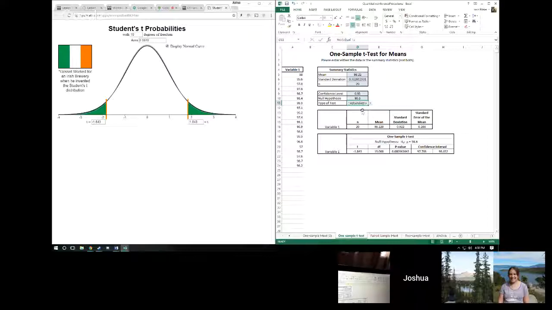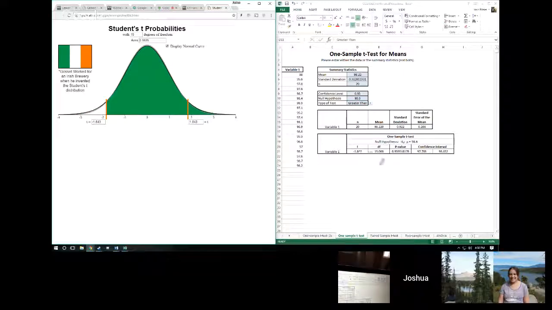If I want less than, I shade everything less than the t-value, and I get the area, which is the p-value, and they match up. If I want greater than, I shade everything greater than, and it matches up. So that's how you use it. It's not something that we needed, but that's way more confusing to me.